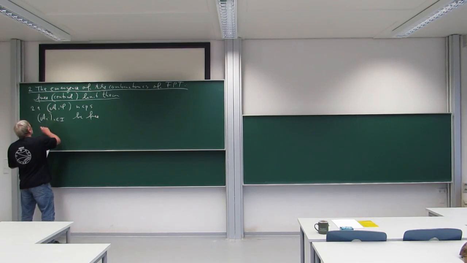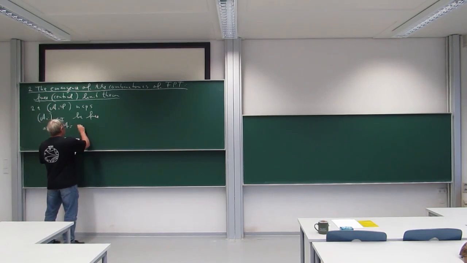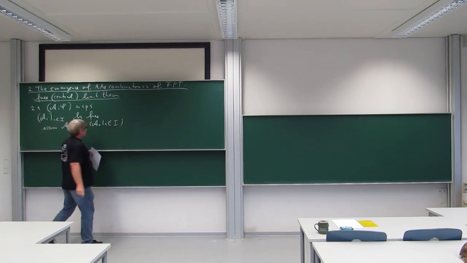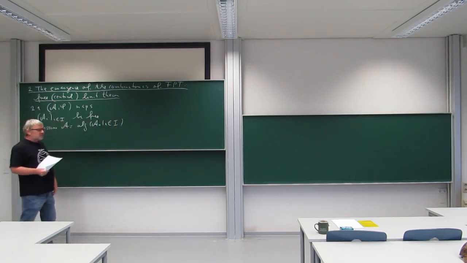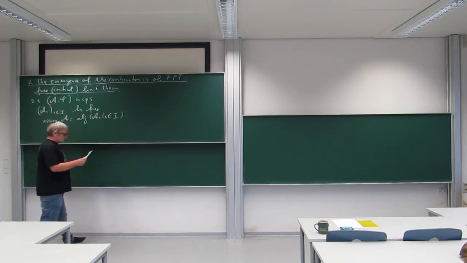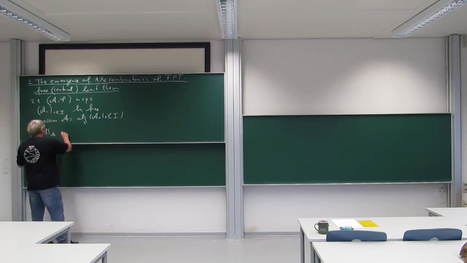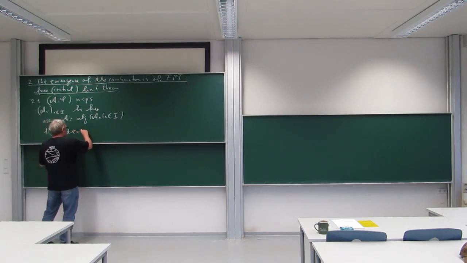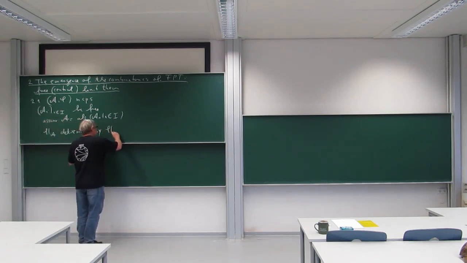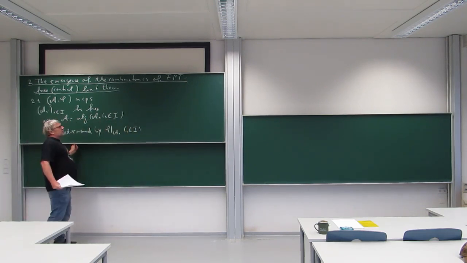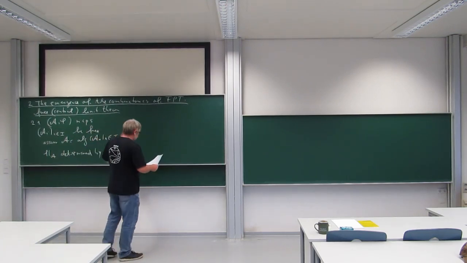And maybe it's good to assume without loss of generality that A is equal to the algebra generated by the A_i, because we cannot say anything about elements which are not in this algebra. Okay, and then our main observation was that phi on A is determined by the knowledge of phi restricted to the A_i. But this is something which we should understand better: how is it really determined?